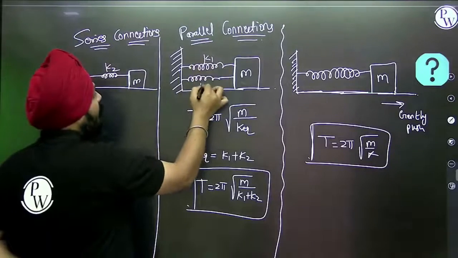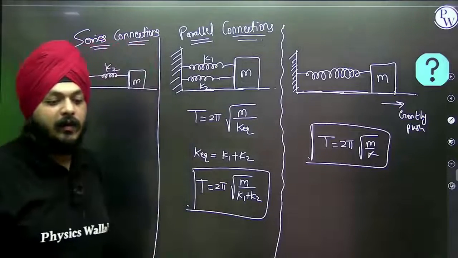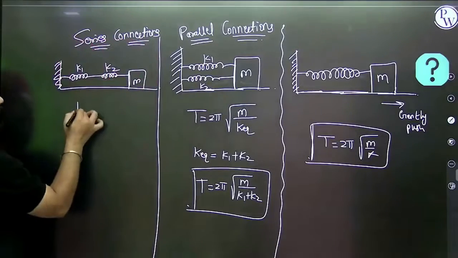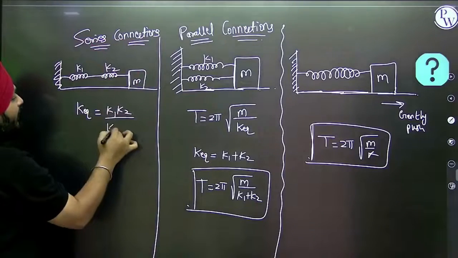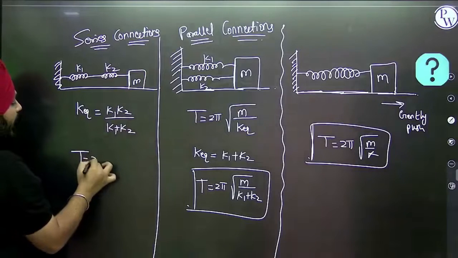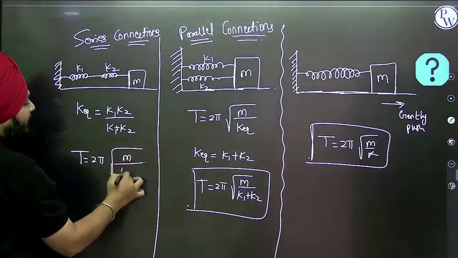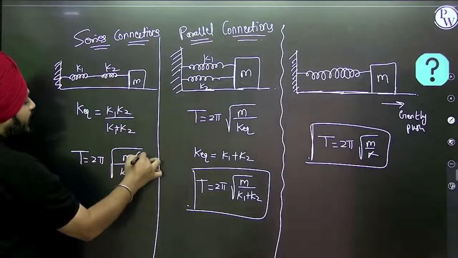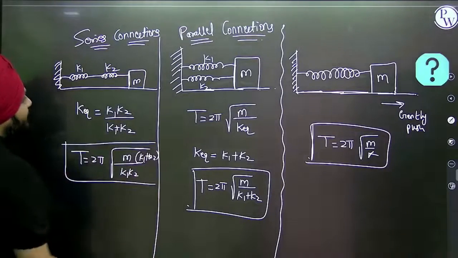One is connected in parallel, the second is connected in series. In this case, K equivalent when they are connected in series is K1 K2 whole divided by K1 plus K2. So the time period is T is equal to 2 pi under root of M whole divided by K1 K2 whole divided by K1 plus K2. This is the time period of the SHM.